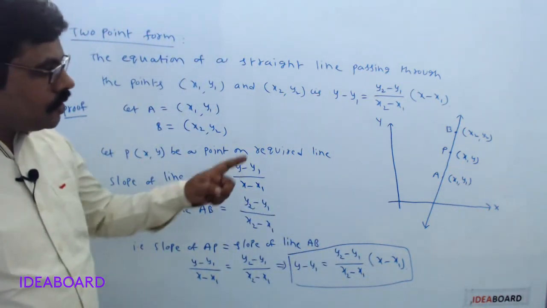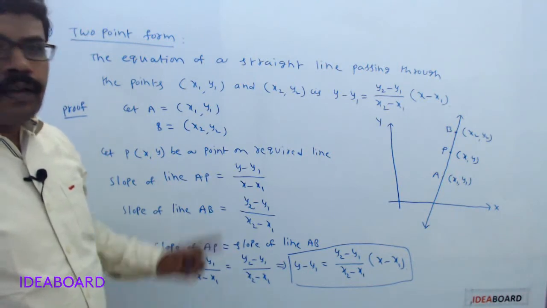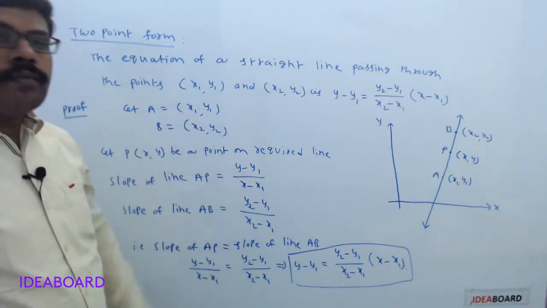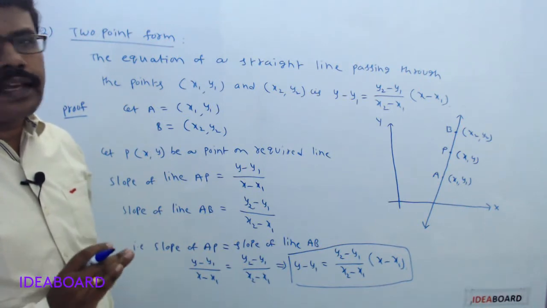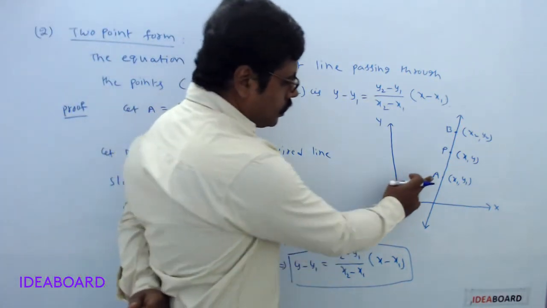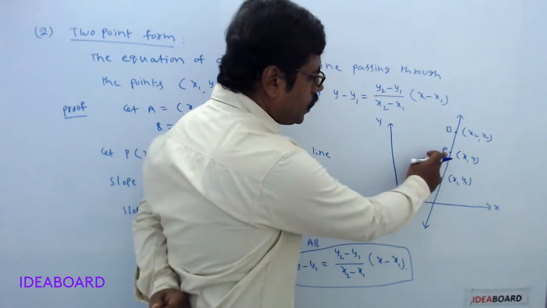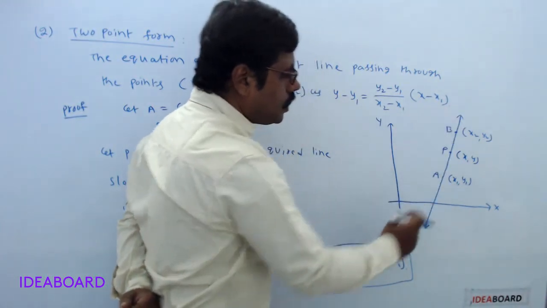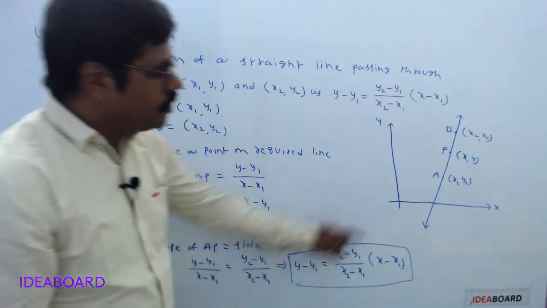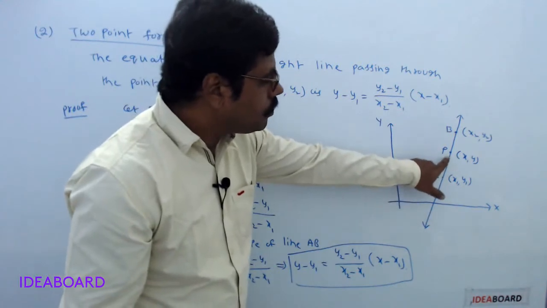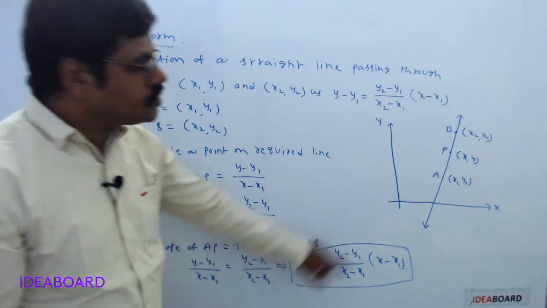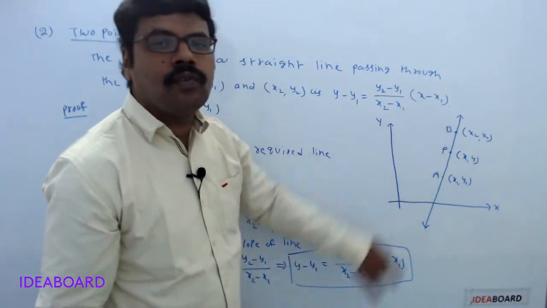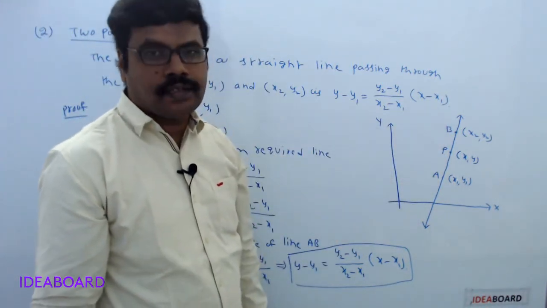Now here, if you look at the diagram, from the derivation of this formula, we are getting one more important condition. That is, the points A, P, B lie on the same line. It means these 3 points are said to be collinear points.